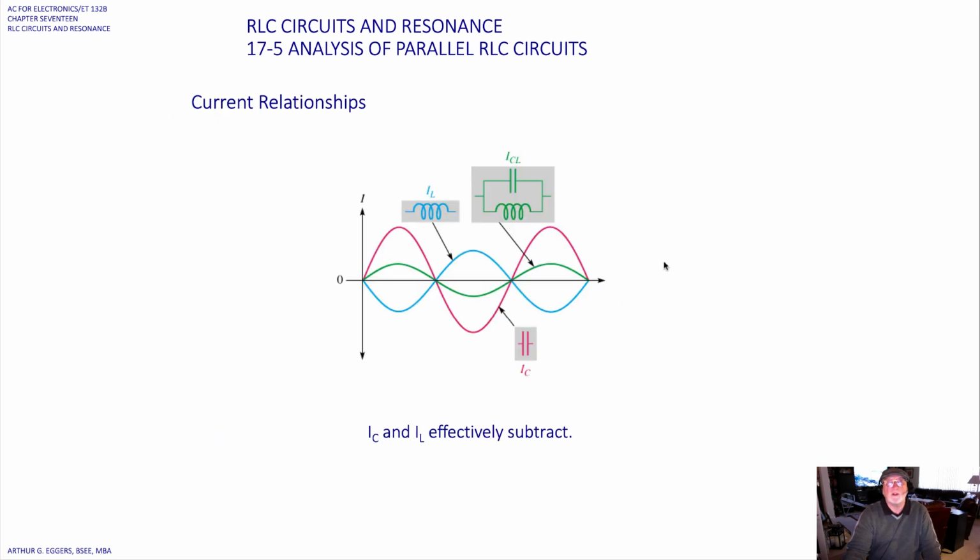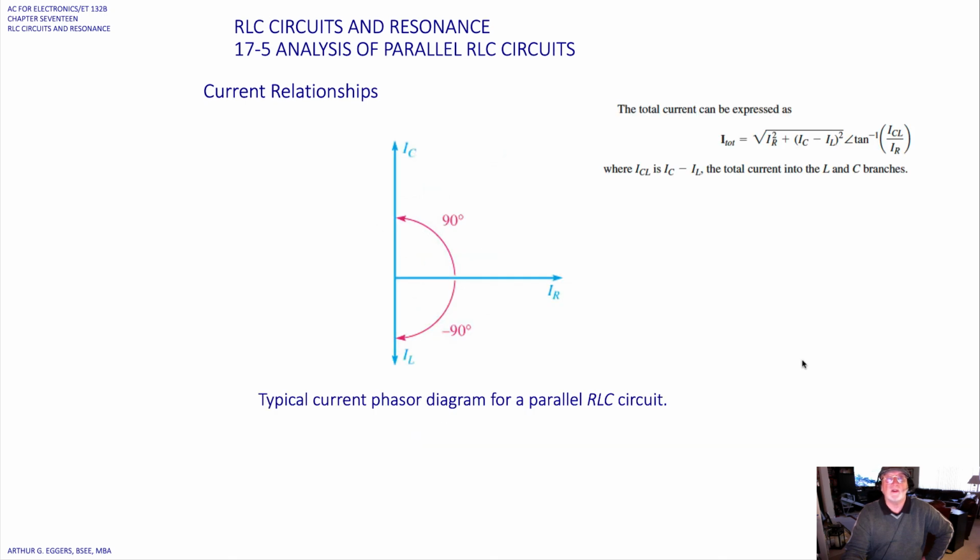If we look at the waveforms, we can see I sub L, I sub C, and then the total for the two in the parallel branch. I sub C maximum and I sub L maximum are 180 degrees out of phase with each other. The combination of the two tracks as being more inductive or more capacitive, but the amplitude is considerably less. So I sub L and I sub C effectively subtract from each other.